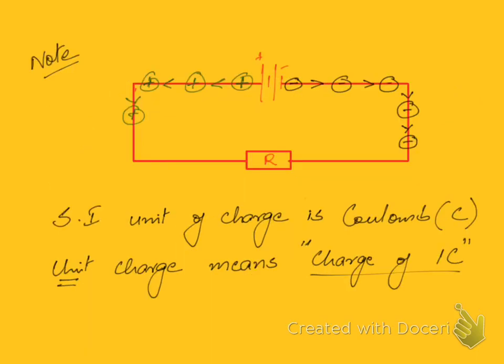So in this circuit, if you ask me what is the direction of the flow of current, I will say current is traveling from the positive terminal of the battery all the way around the circuit and will move towards the negative terminal of the battery.